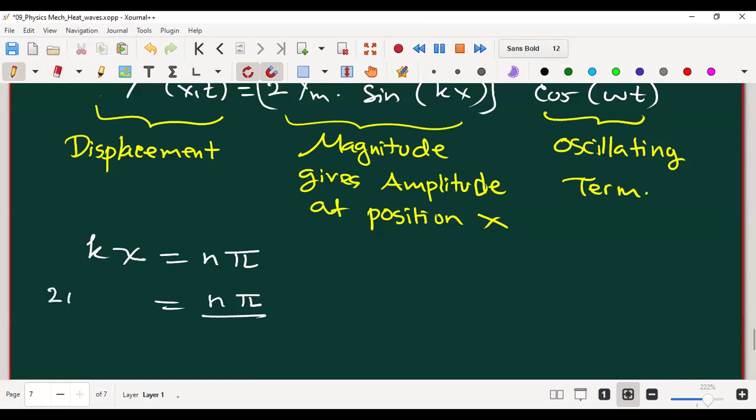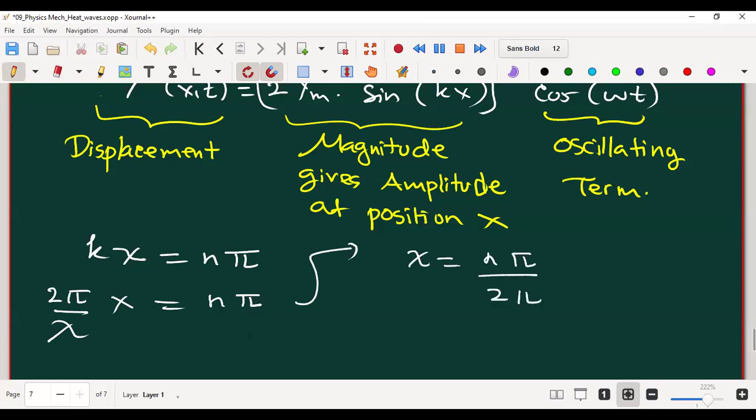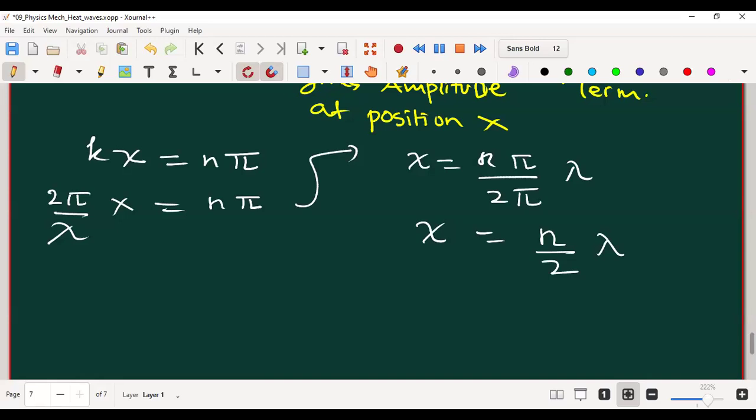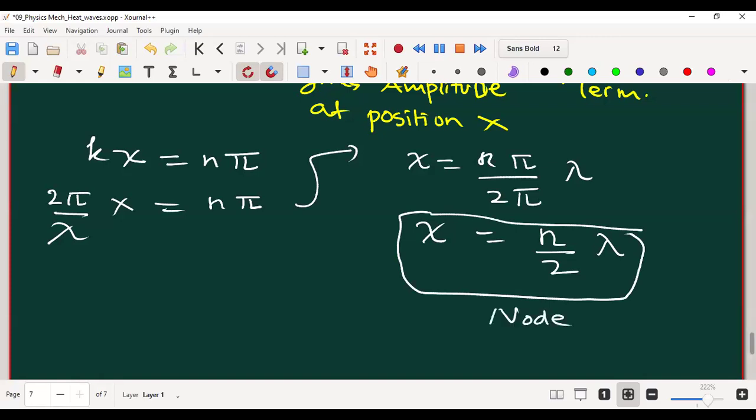This one is 2 pi per lambda. So x is n pi divided by 2 pi per lambda. So x is equal to n lambda divided by 2. This is the position of nodes.